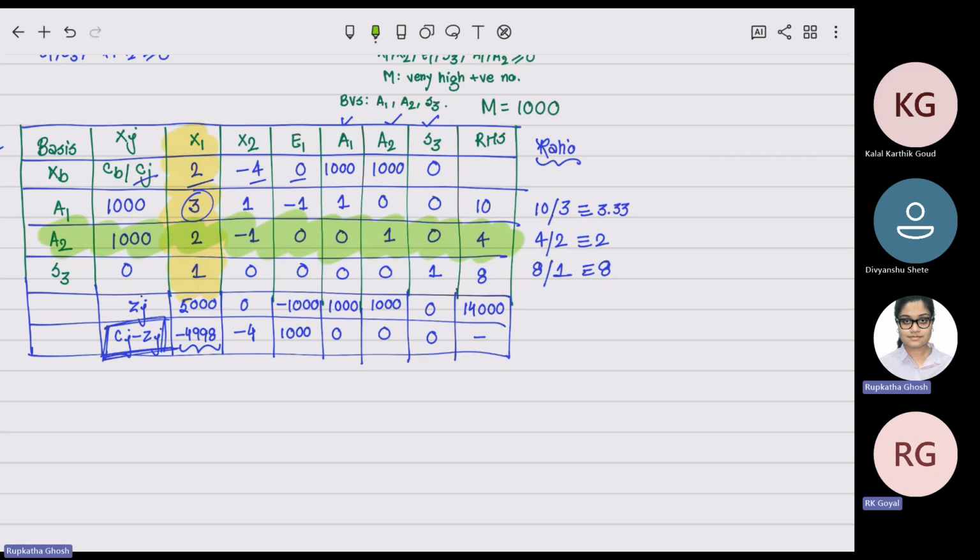Close enough. Only positive ratios are considered because any negative or zero ratio would mean that the corresponding basic variable would either remain unchanged or increase as the entering variable increases. So that would not lead to a feasible solution. First things first, feasible means it has to be non-negative as well as satisfy the constraint set. But why minimum?